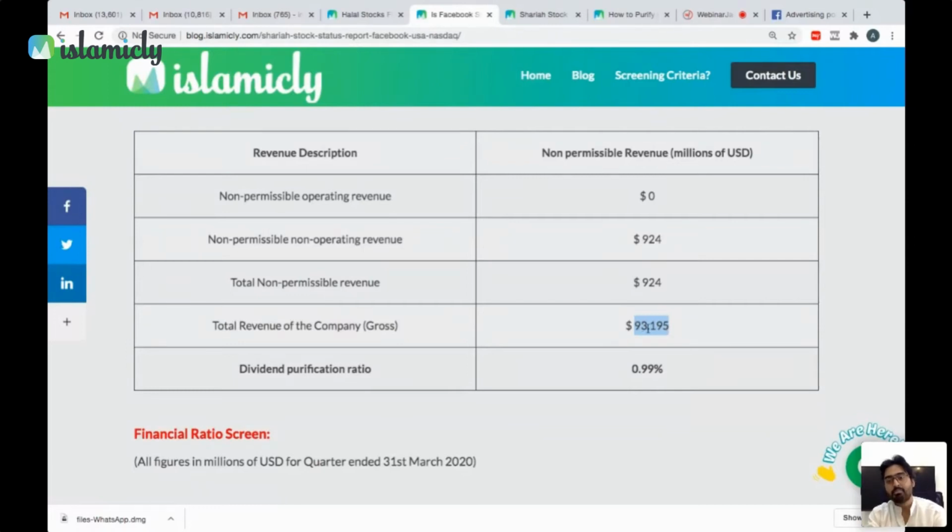Yes, so it's $93 billion. And if we divide 924 million by 93 billion, it is 0.99%. So if you get dividends from Facebook, which I don't know when we'll get, you need to purify 0.99%. If you make capital gains by trading Facebook stock, it is completely Sharia compliant.